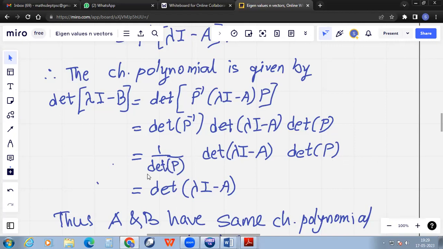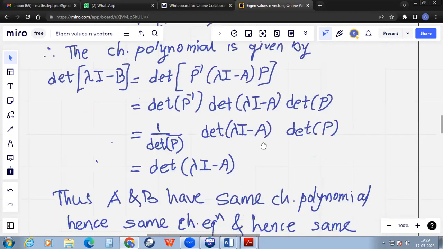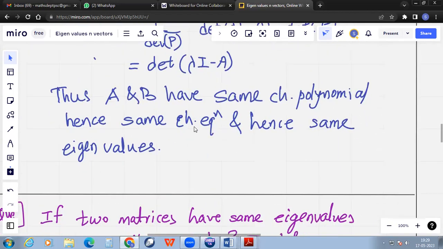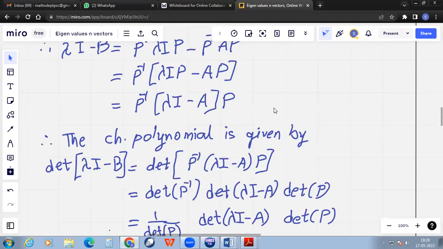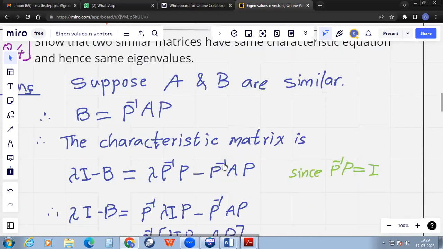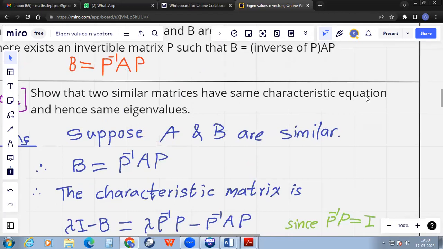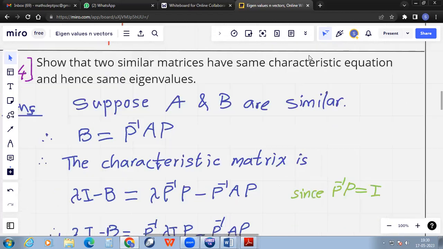Now these two cancel and we are just left with determinant of lambda I minus A. So what we saw is the characteristic polynomial of B is the same as characteristic polynomial of A. So they will have same characteristic equation and naturally they will have the same eigenvalues. So what we have shown, similar matrices have the same characteristic equation and hence have the same eigenvalues.